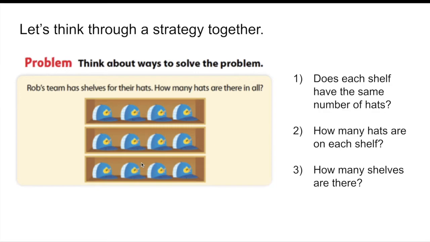Yeah, it looks like it. Then how many hats are on each shelf? 1, 2, 3, 4. 1, 2, 3, 4. And 1, 2, 3, 4. There's 4 hats on each shelf. Then I got curious about how many shelves there are. 1, 2, 3 shelves.